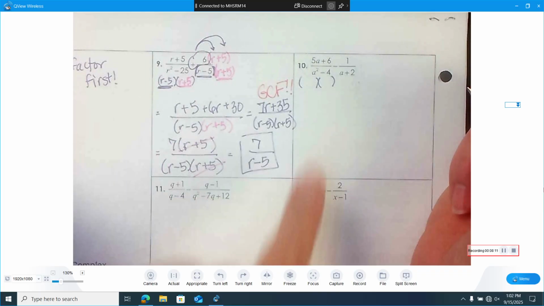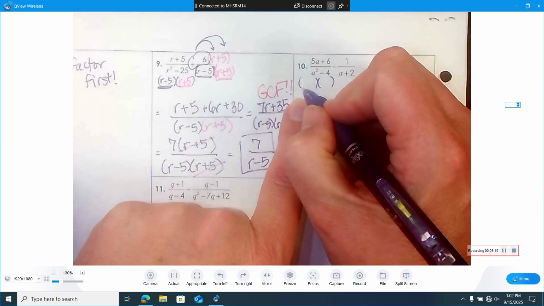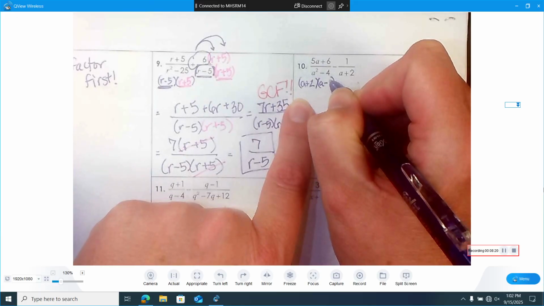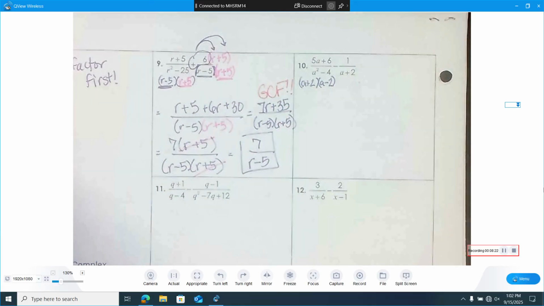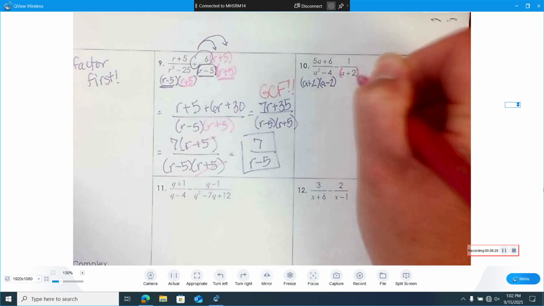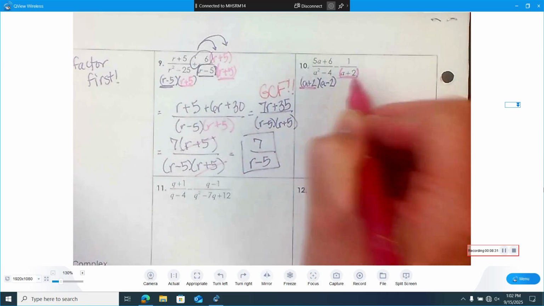Okay. All right. So how does a squared minus 4 factor? A plus 2 and A minus 2. Yep. All right. And so my second fraction has that denominator already of A plus 2. So there's the match.